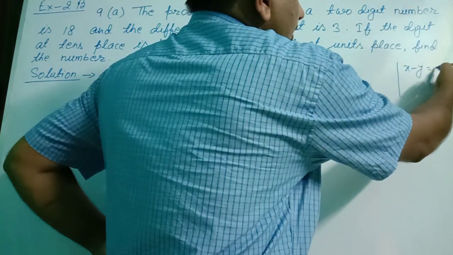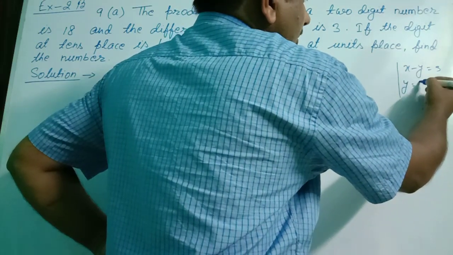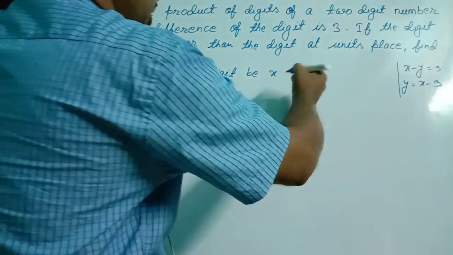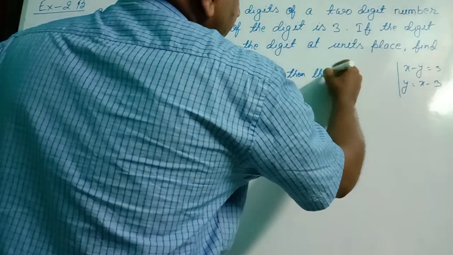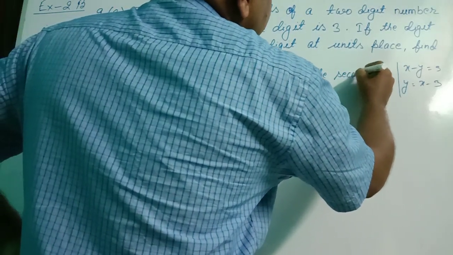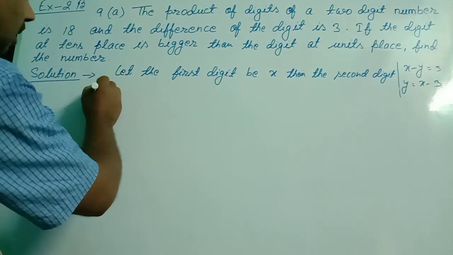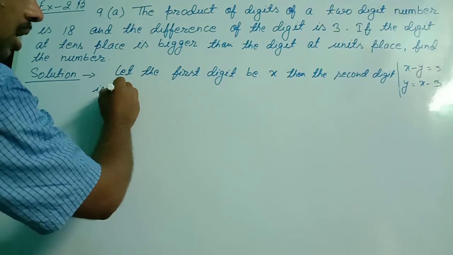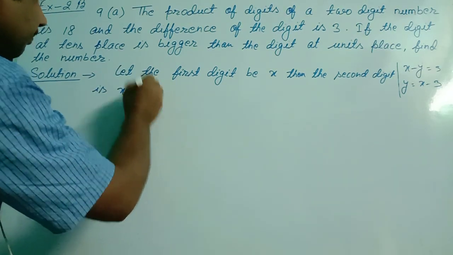The difference of these two is equal to 3. So what is the second digit? Means y equal to x minus 3. Let the first digit be x, then the second digit is x minus 3.